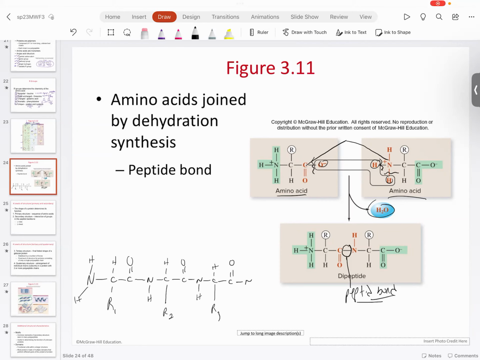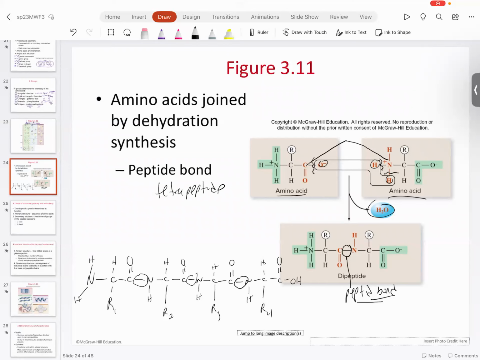I'm going to do one more. Okay. So now what I have is a tetrapeptide. Where are the peptide bonds? There's one right here. There's one right here. There's one right there.